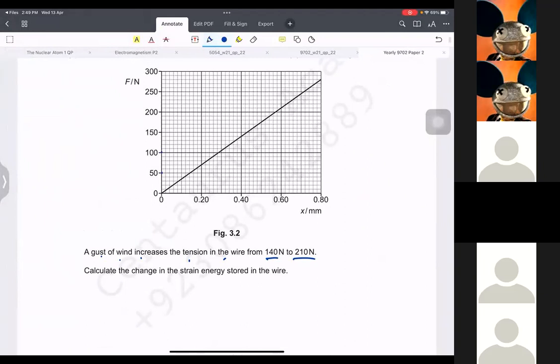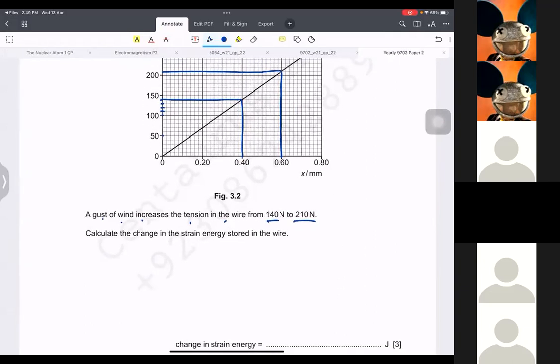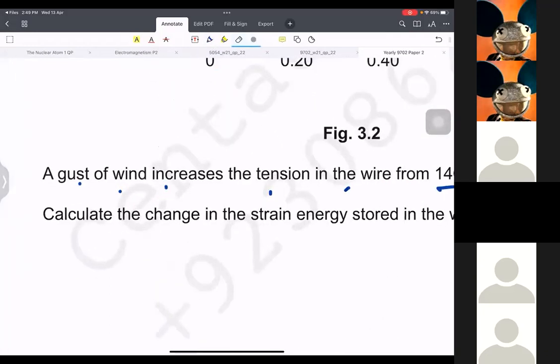So 100 is this, it means this is 110, 120, 130, 140. So this is 140. And at that point, it is this. And then what is 210? 210 would be right here, which is this.